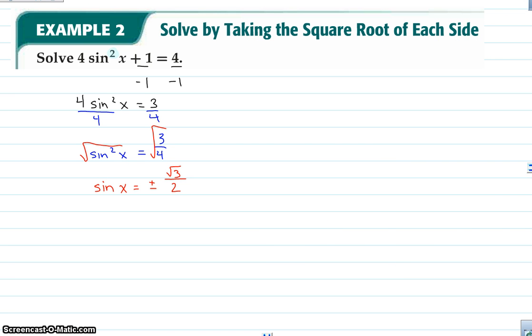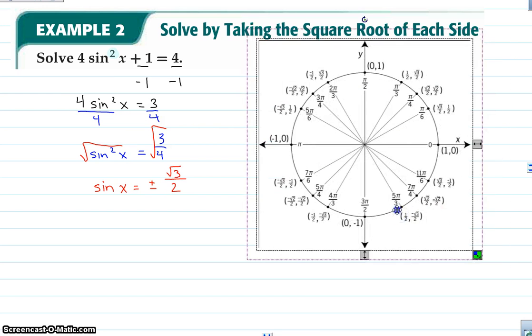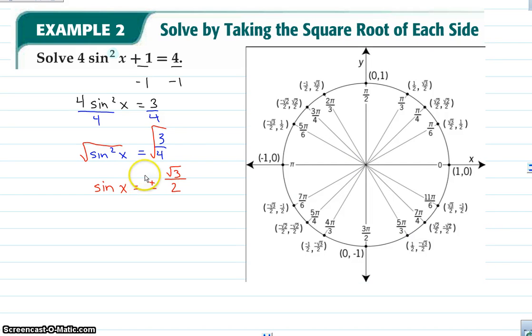So let's see. Here's my unit circle. I'm going to have a lot more solutions this time because I have to look for both positive and negative square root of 3 over 2's. And again, since we're looking for sine, we're going to look at our y coordinates here. So square root of 3 over 2 occurs at pi over 3.